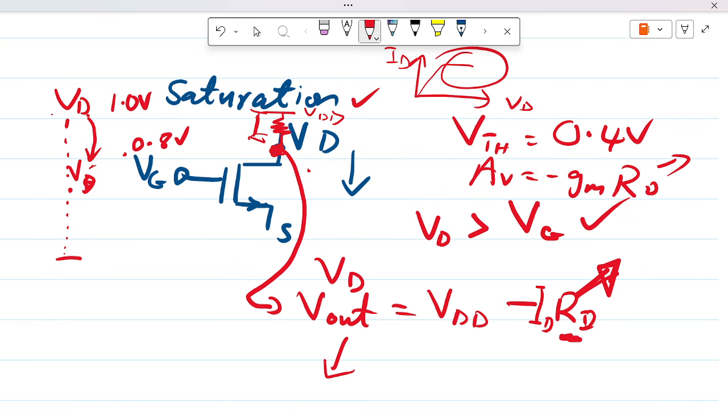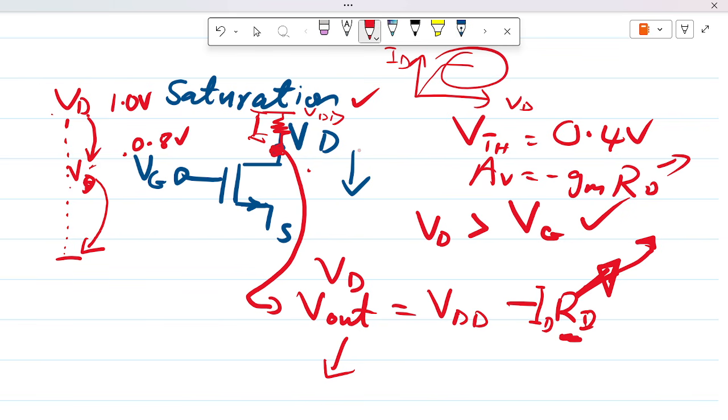But what if I further increase RD? Then I'm going to further reduce the value of VD, and the VD can go below VG, just that it cannot go below VG by more than one threshold.